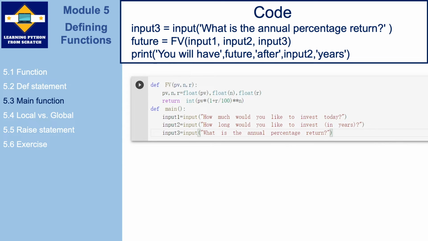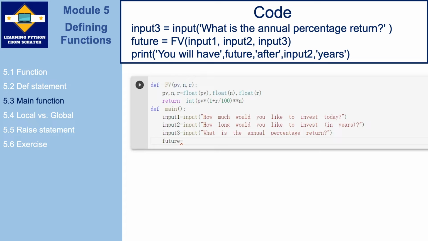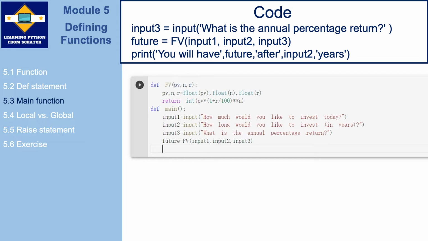Then we type future, FV input 1, input 2, and input 3. So the program calculates the future value of the investment with the FV function and we assign the value to the variable future. Finally, we want the main function to print the amount of future investment after the specified period of time.